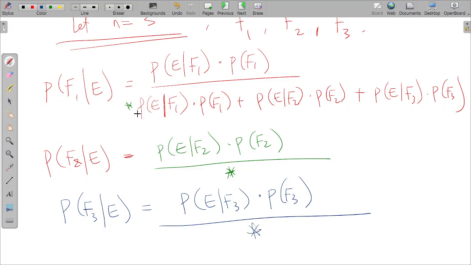The denominator is the same for all of them. That is Bayes' formula. Again, you need to know which one is given and which one you are looking for. That is very important. All right, let's go.